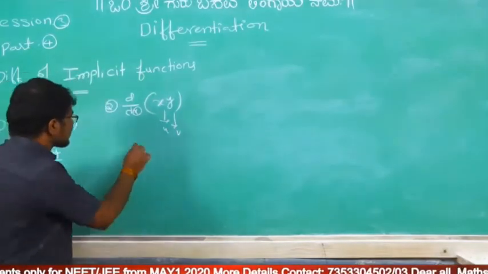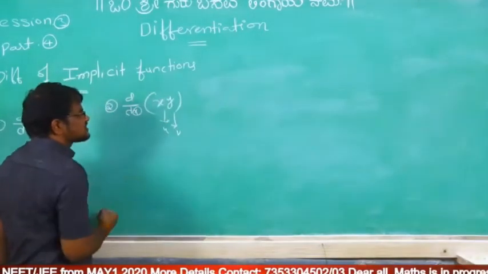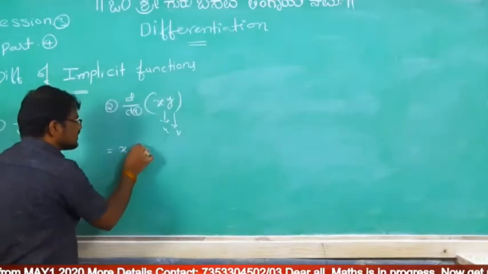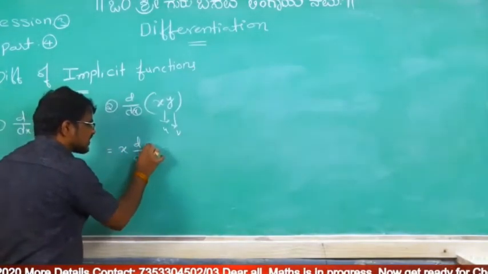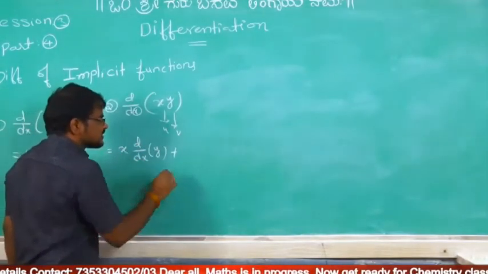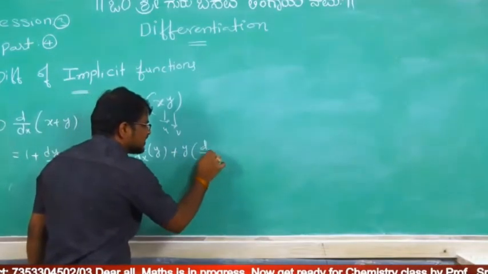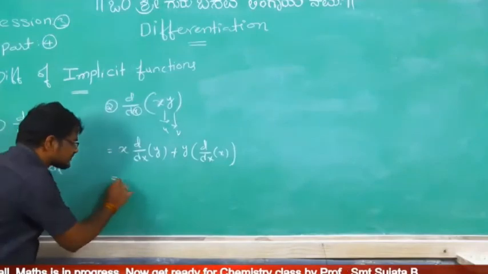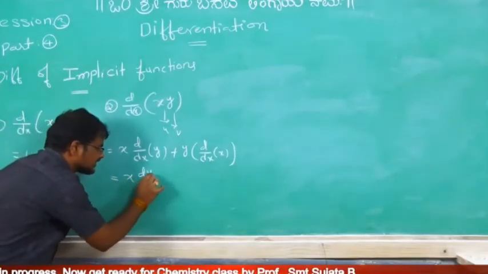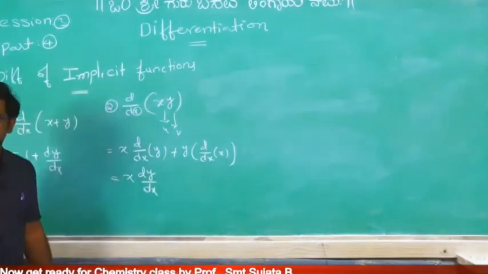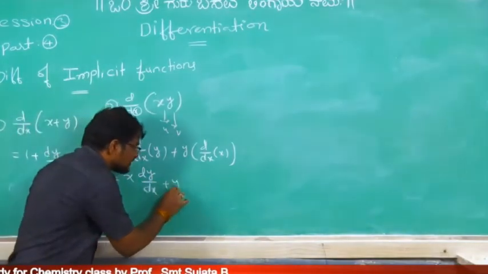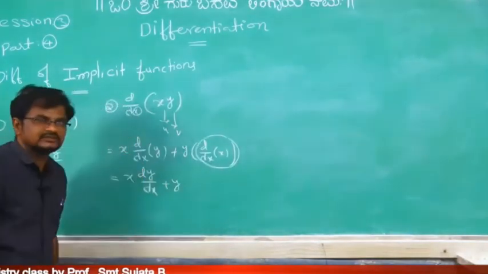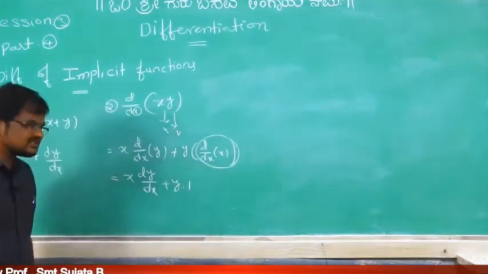So d by dx of xy equals x into d by dx of y plus y into d by dx of x. Now simplify this: x into dy by dx plus y into 1. So this is our answer.